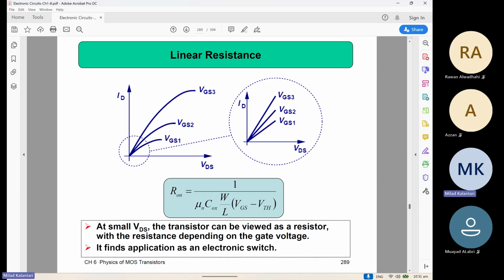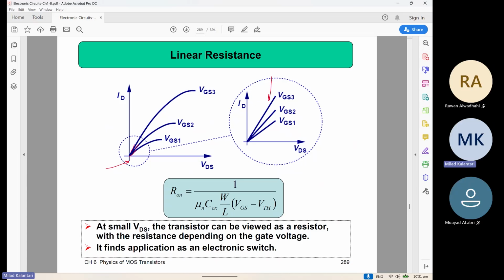So on the other hand, at the low VDS region, we can tell that this ID versus VDS curve is a little bit constant, and these constant lines at low VDS look very similar to the characteristic of a simple resistor, which we call the R on of the device, meaning when the device is on, how much resistance it has.